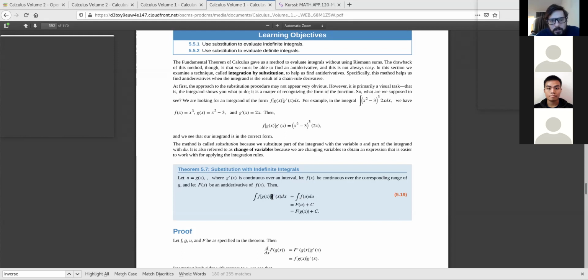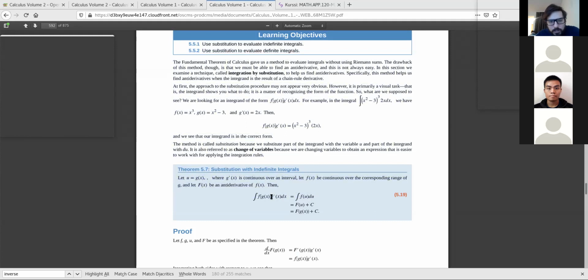Then we just substitute g of x with u, and we can find the integral of f of u, because g prime of x dx is the du. So let's go back to this.